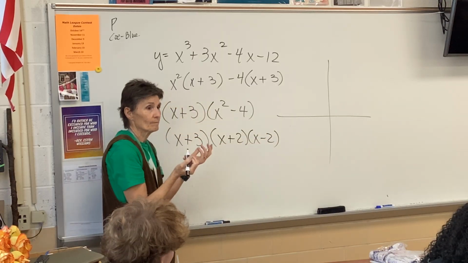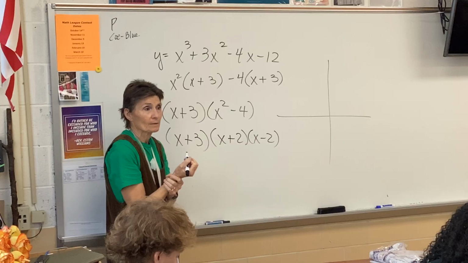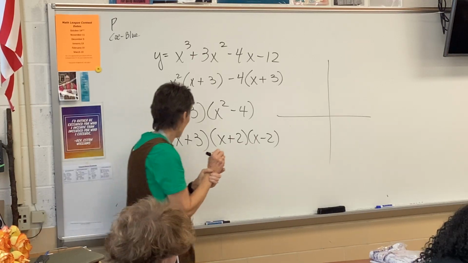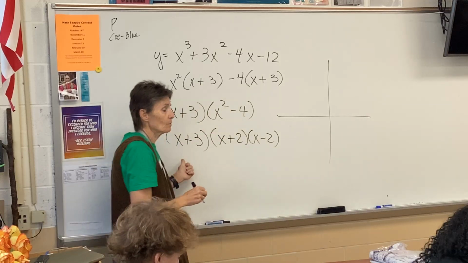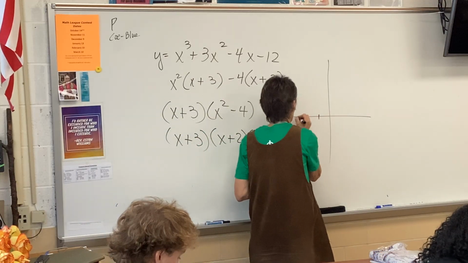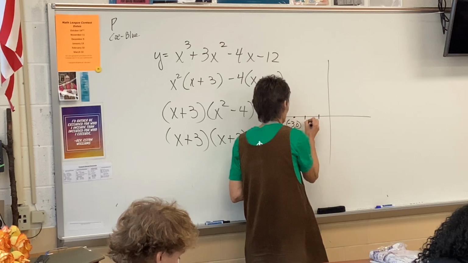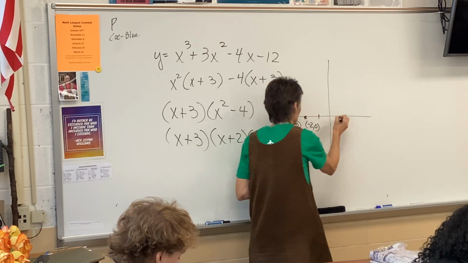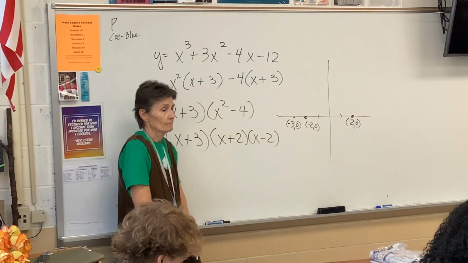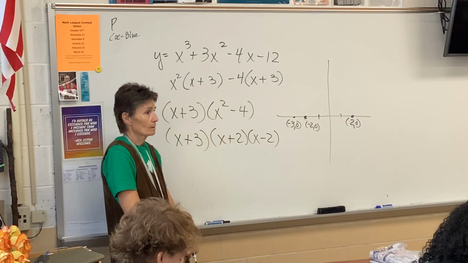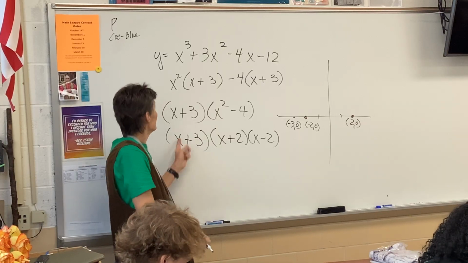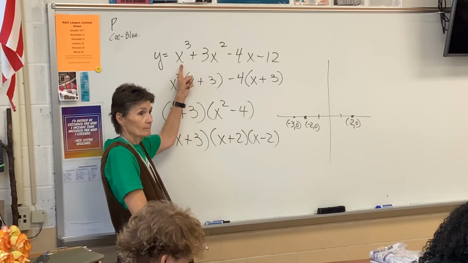And then we're done? Nope. We're ready to sketch? So my dots, remember the dots go with the opposite. So the dots are -3, -2, and 2. Just exactly like the last one, this is an x cubed. Yep.